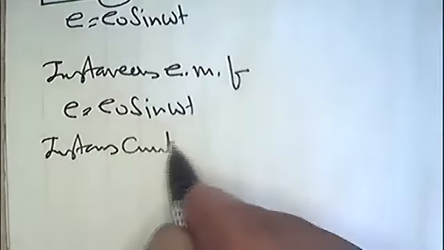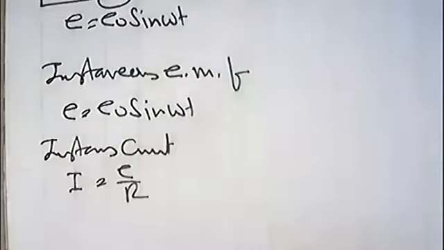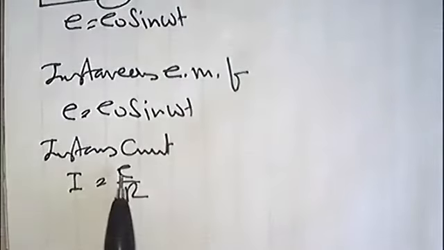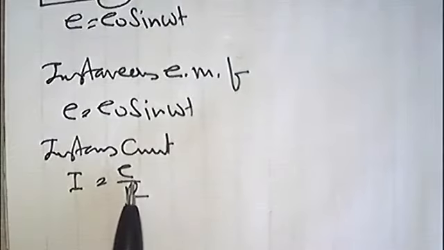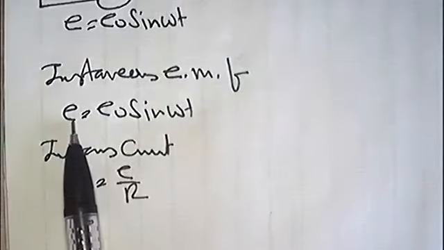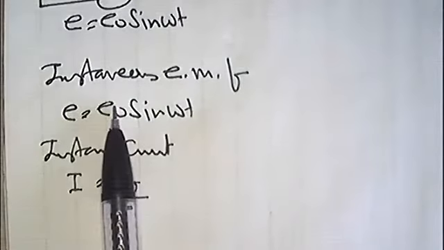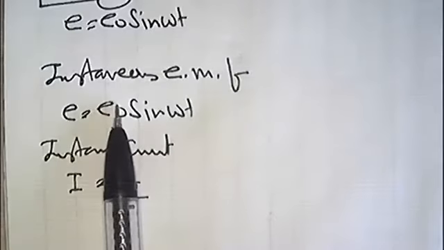Instantaneous current will be equal to E by R, where E is the instantaneous EMF. There are four values of the same voltage: instantaneous voltage, peak voltage, mean value of alternating voltage, and E RMS, the root mean square value.